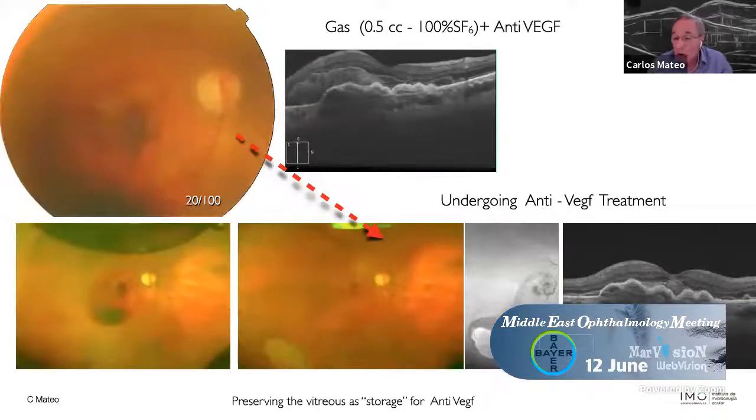But in some cases, you have more hemorrhage, and then we decide to inject some air and rTPA in the vitreous cavity, or gas, and then you put the patient face down, and you continue with these anti-VEGF injections, preserving the vitreous as a storage for the anti-VEGF.